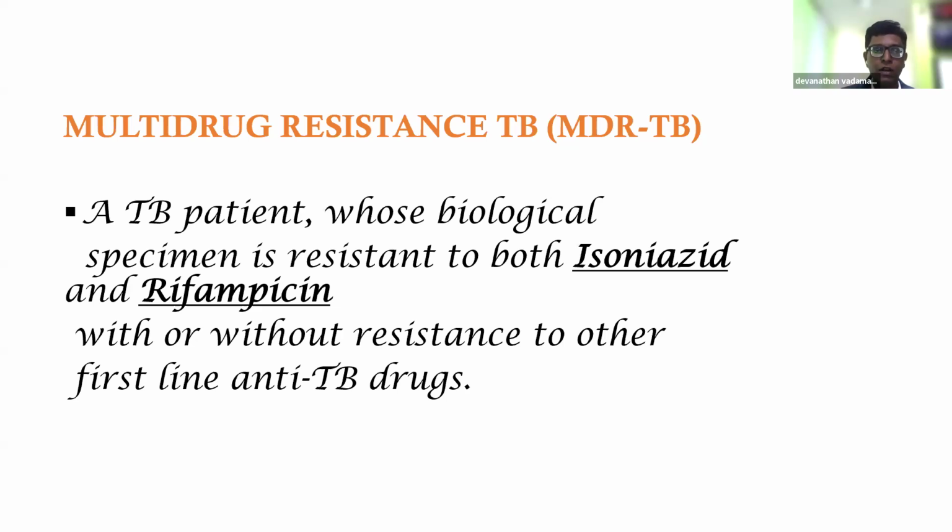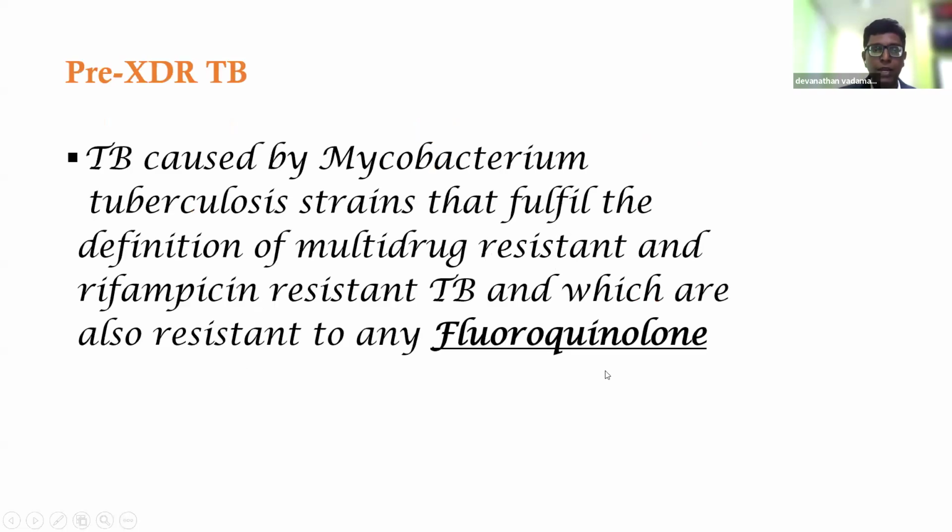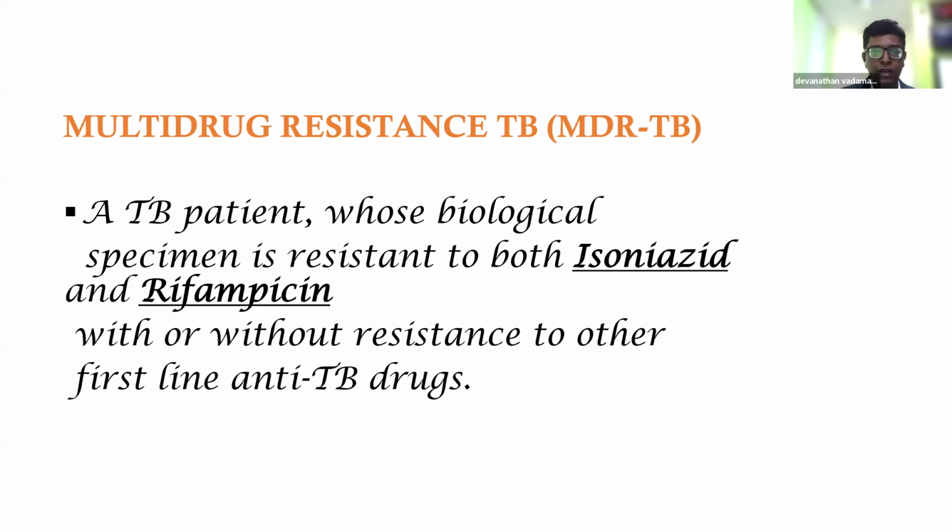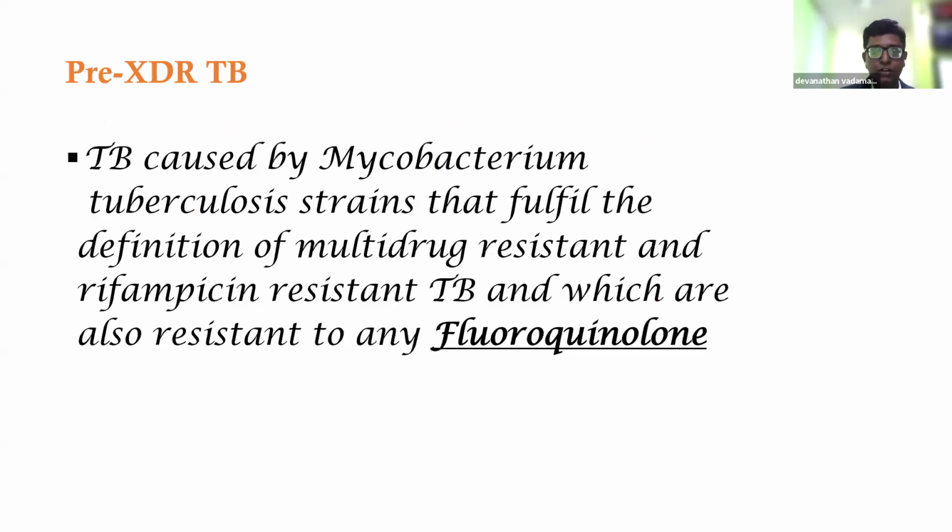So the terminology for MDR, multi-drug resistant TB, is those TB patients whose biological specimen is resistant to both isoniazid and rifampicin, with or without resistance to additional first-line drugs. Pre-XDR TB is your MDR-TB, that is isoniazid and rifampicin resistant, that is further resistant to fluoroquinolone.